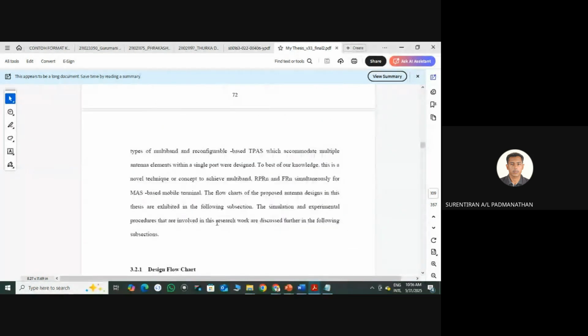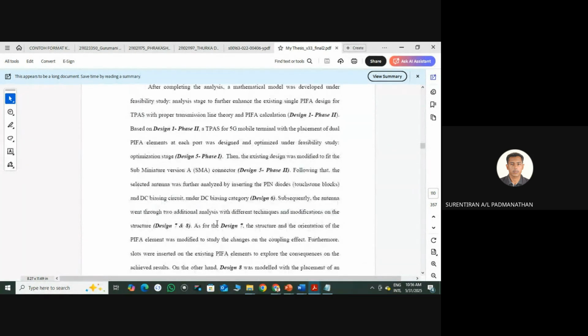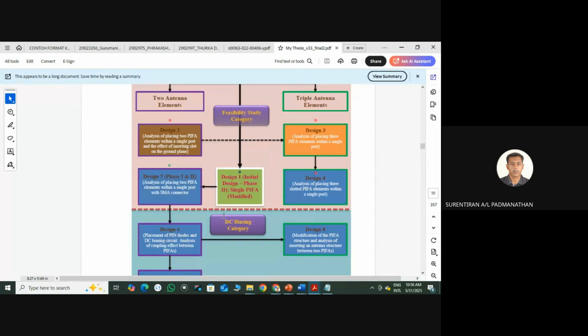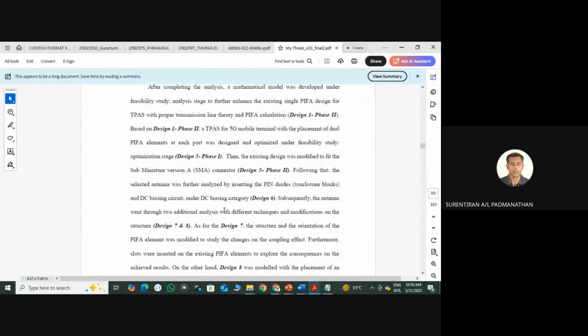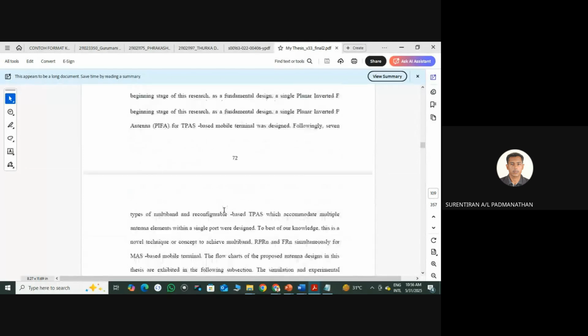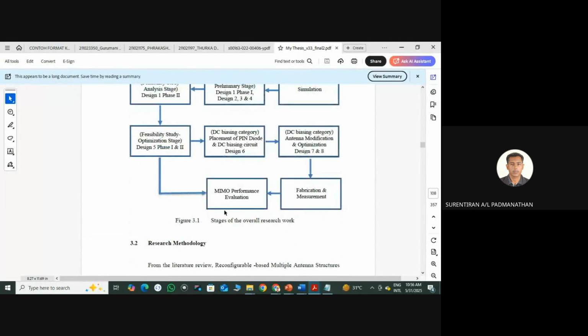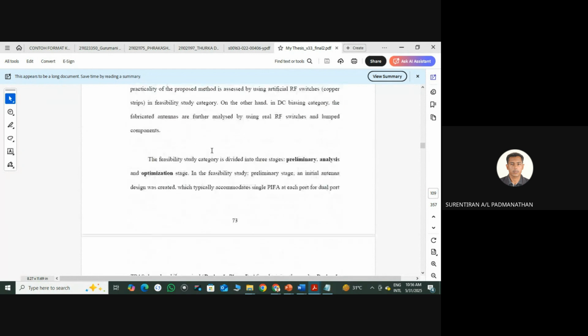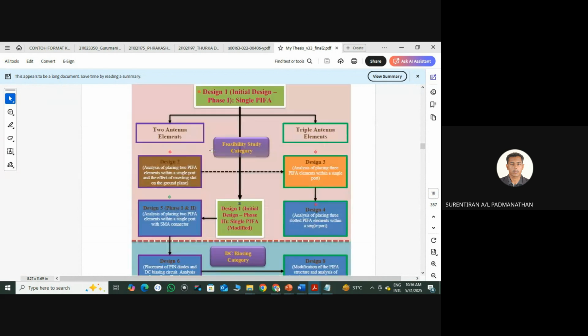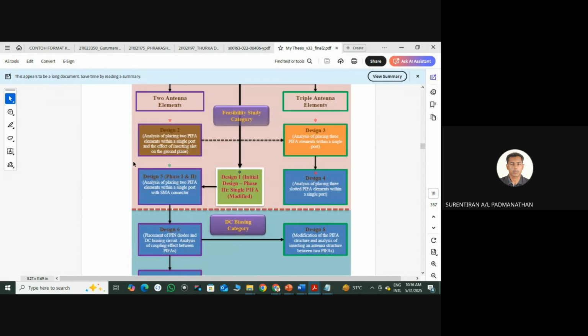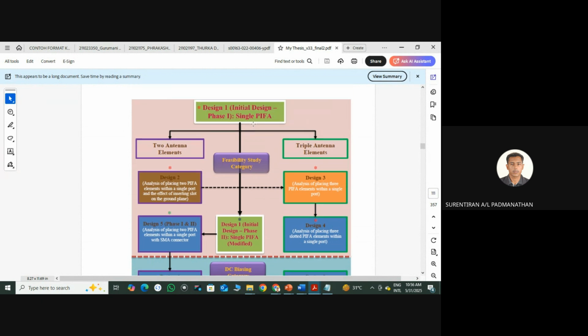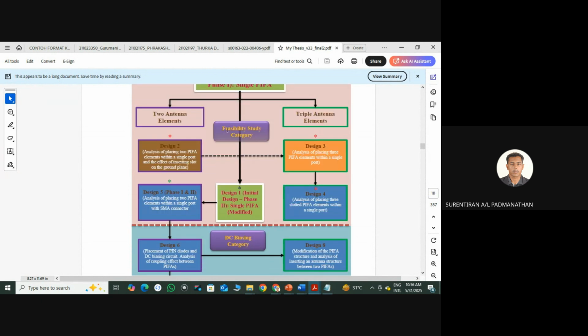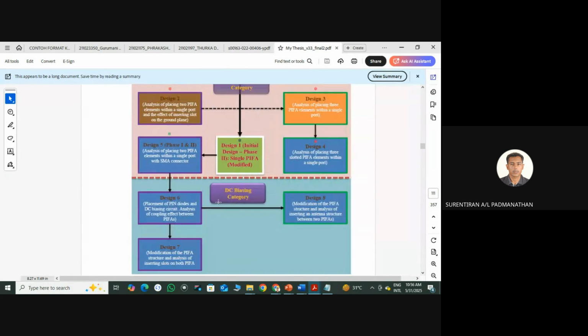Right? So for the flowchart, you can see here, I split into two phases. Okay, phase 1 and phase 2. So this is phase 1 and this is phase 2.